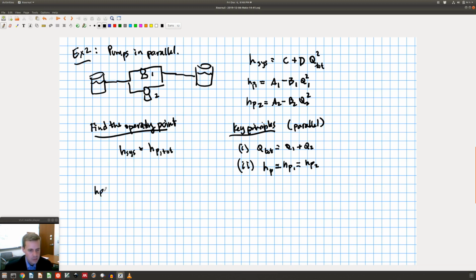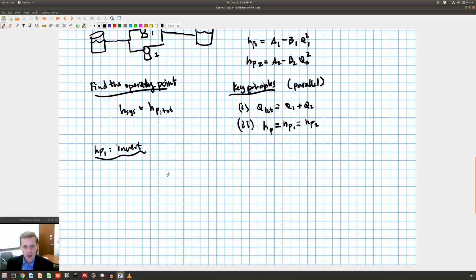I'm going to take HP1 and invert it, so I'm just going to solve for Q1. I have HP1 minus A1 equal to minus B1 Q1 squared. I just moved A1 over. Now I'm going to divide by minus B1.